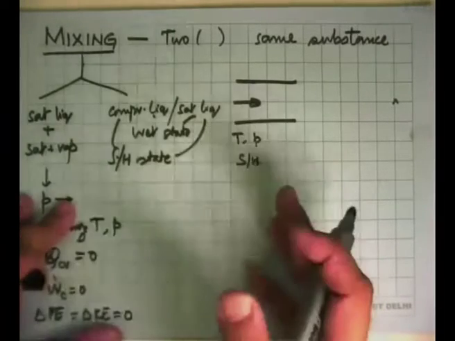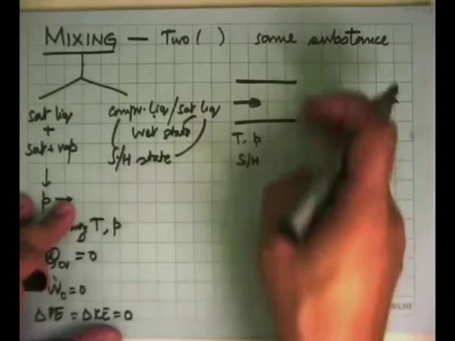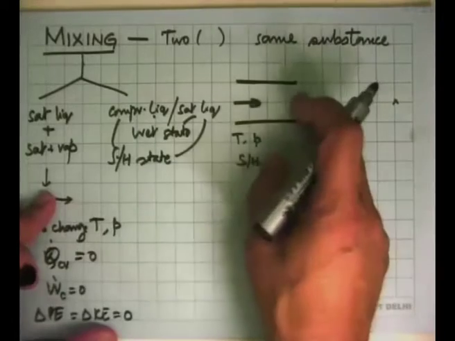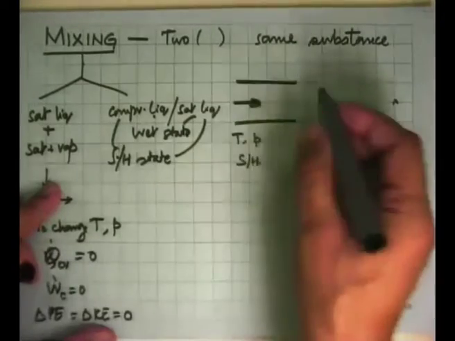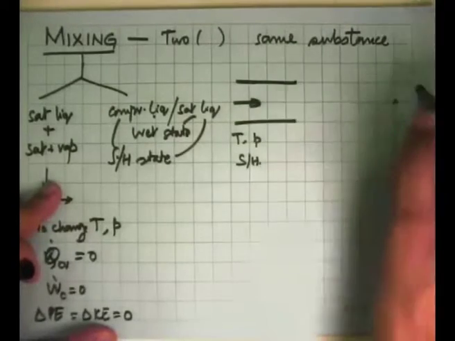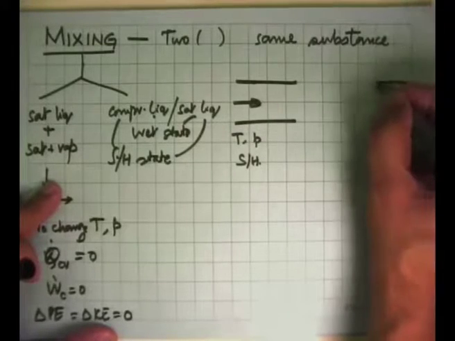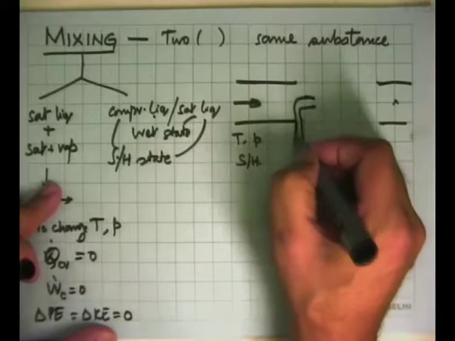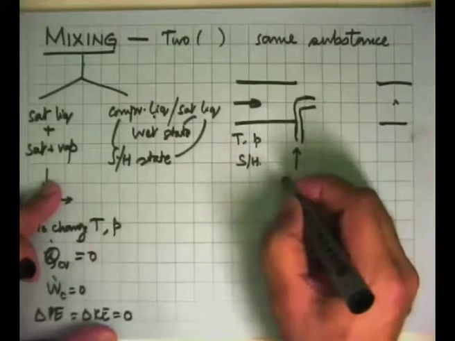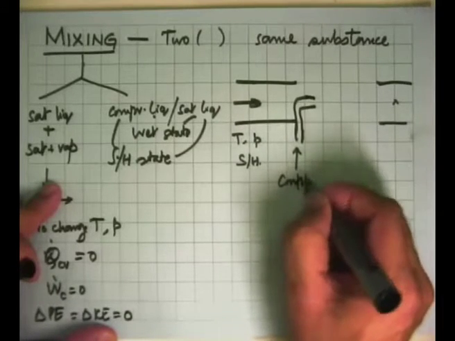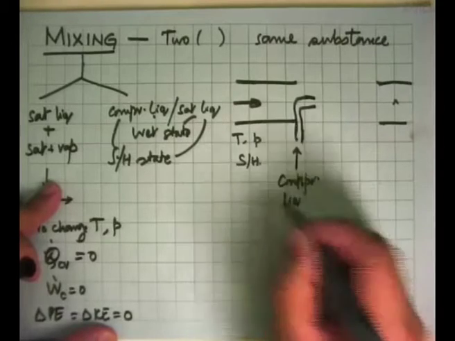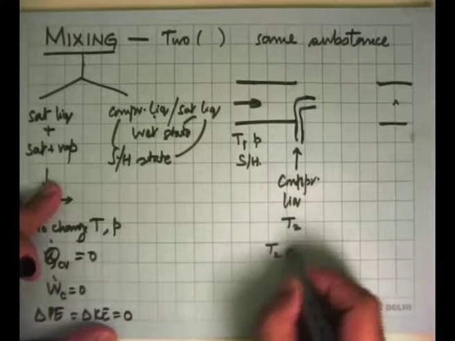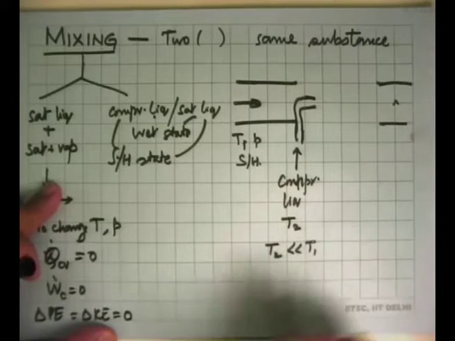Then the only option left is that it should lose heat to something else, or we should mix something cold with it. So what one does is, if we have superheated steam here and we want to reduce its temperature by a small amount, what one does is that through another pipe, we put in compressed liquid at a lower temperature. So this is at T1, this is at temperature T2. T2 is very much less than T1.